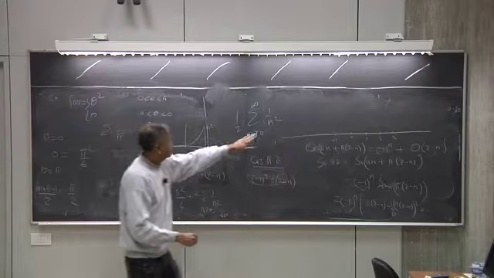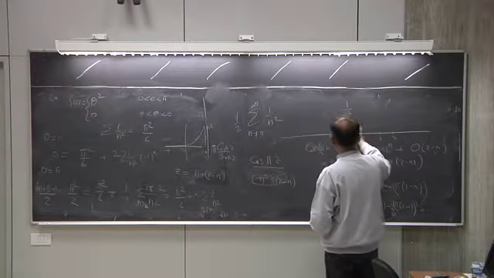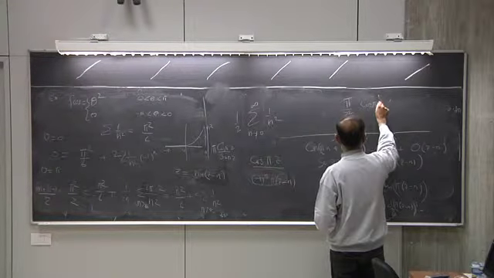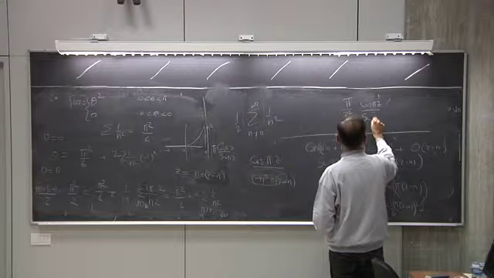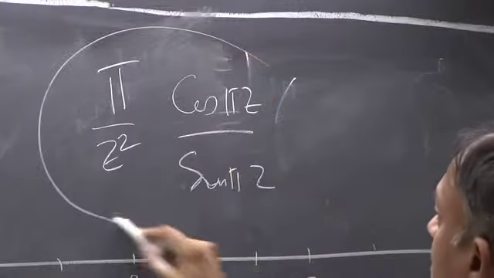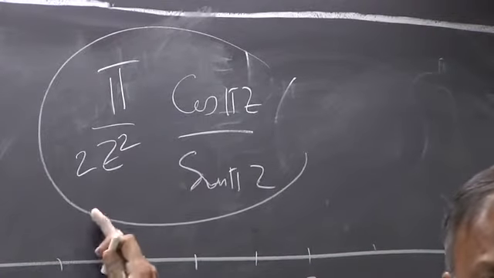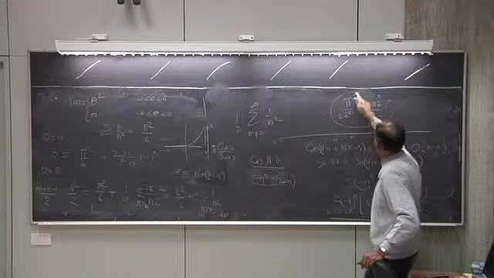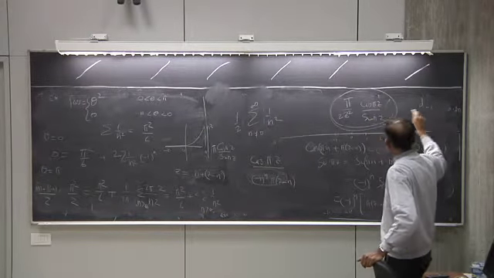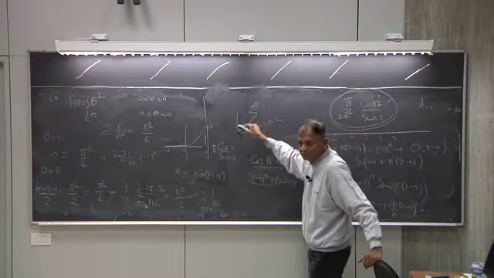I can get this residue by just considering the function 1 over z squared times pi cosine pi z divided by sine pi z. This will exactly give you the residue, if you consider the minus 1 coefficient in the Laurent expansion of this term. That's exactly this quantity, 1 over n squared.